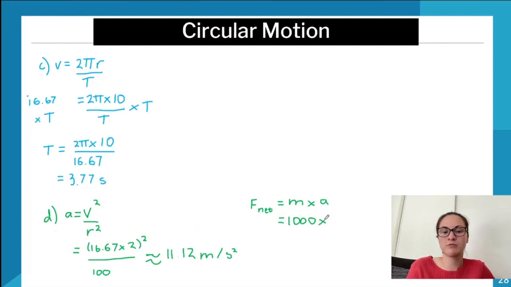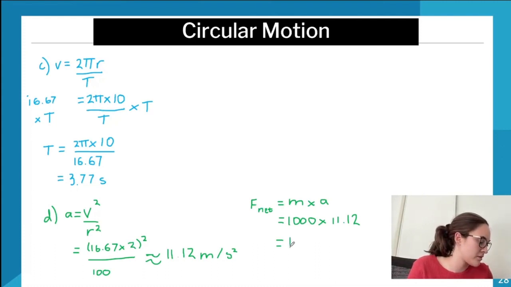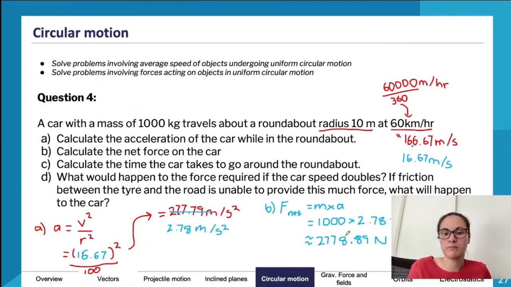Multiplied by that acceleration, which is 11.12. And we get 11,120 Newtons.